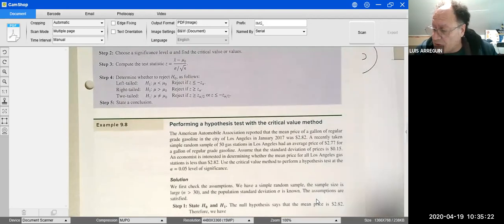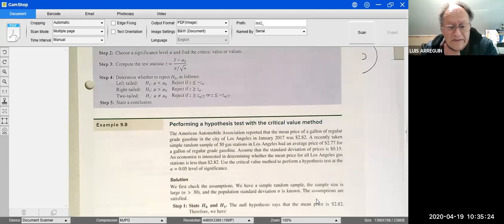And then once you understand these two exercises today, everything is going to be the same. Everything, regardless whether you are testing means, proportions, standard deviations, 2 samples, 3 samples, is always the same. You're going to follow the same steps.